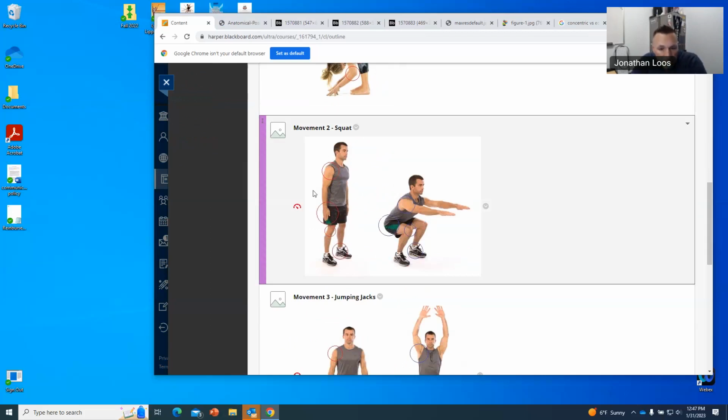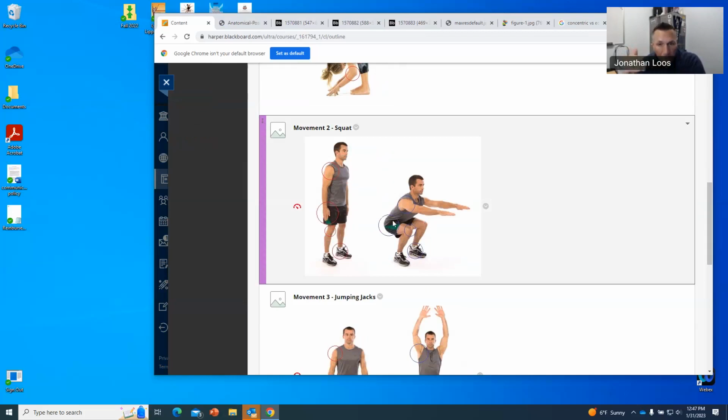Now the difference here is that the body, you look at his elevation, you look at his head and his shoulders, it's lower than his starting position, which means that he was going in the same direction of gravity. So although I see dorsiflexion, knee flexion, hip flexion, those dorsiflexors, knee flexors, hip flexors were not needed to bring me down.